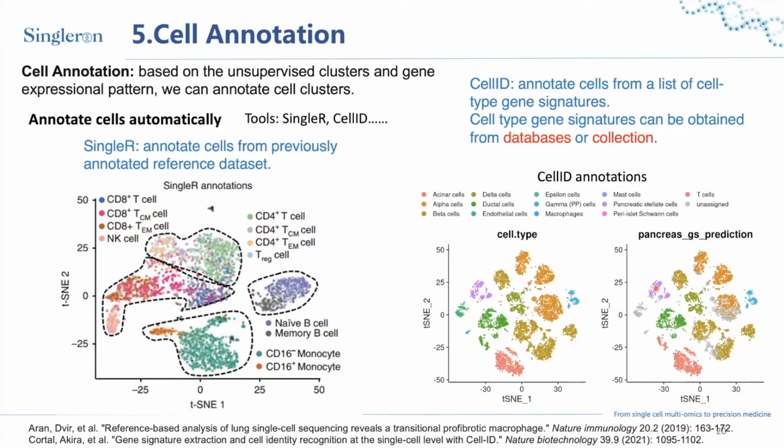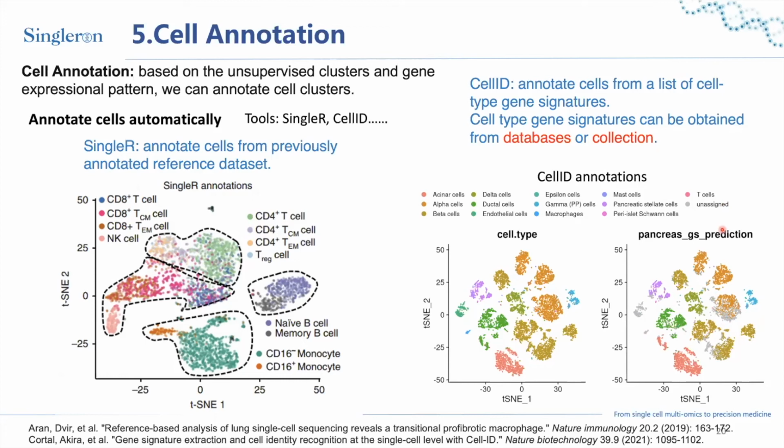However, still for some of the cells, you can see in gray, these cells are unassigned to any of the cell types. This is to say that so far none of the software can do the automatic cell annotation with a perfectly correct rate.